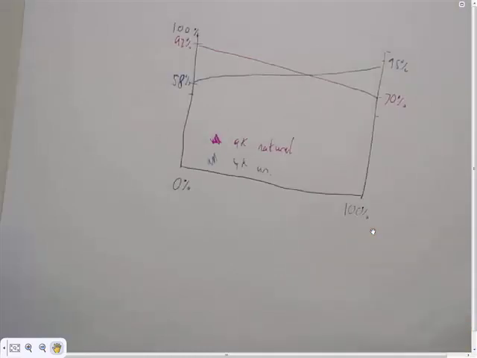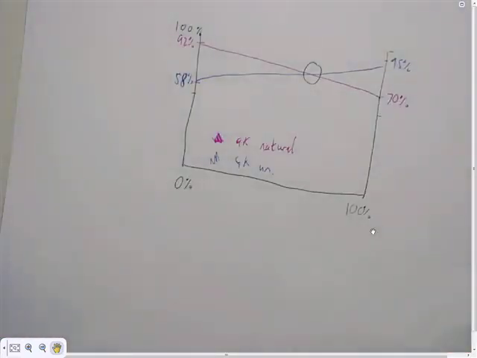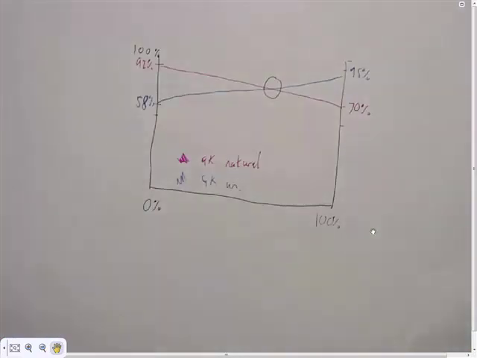In fact, the only place on the diagram where the goalkeeper can't pick a method that reduces my chance of scoring is in the middle. So if I go for where these two lines meet, this is where the goalkeeper can't pick a strategy that changes my likelihood of scoring.